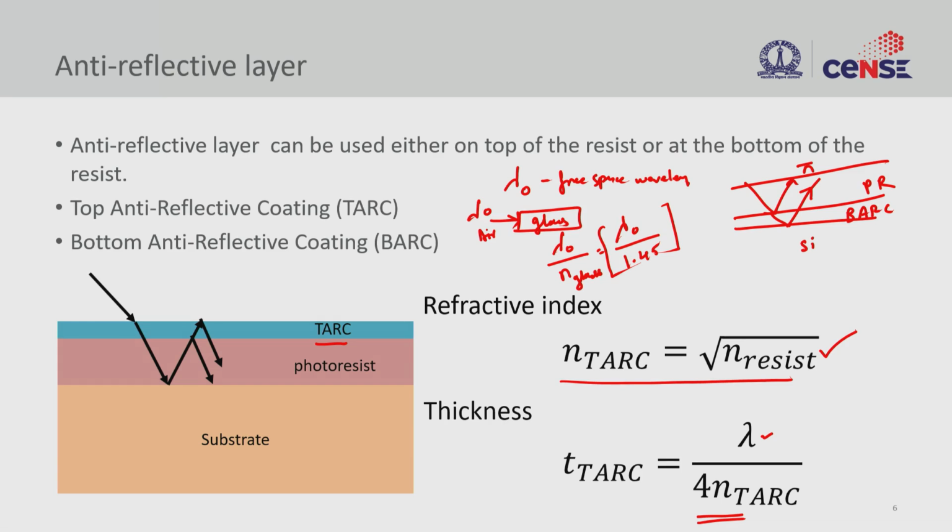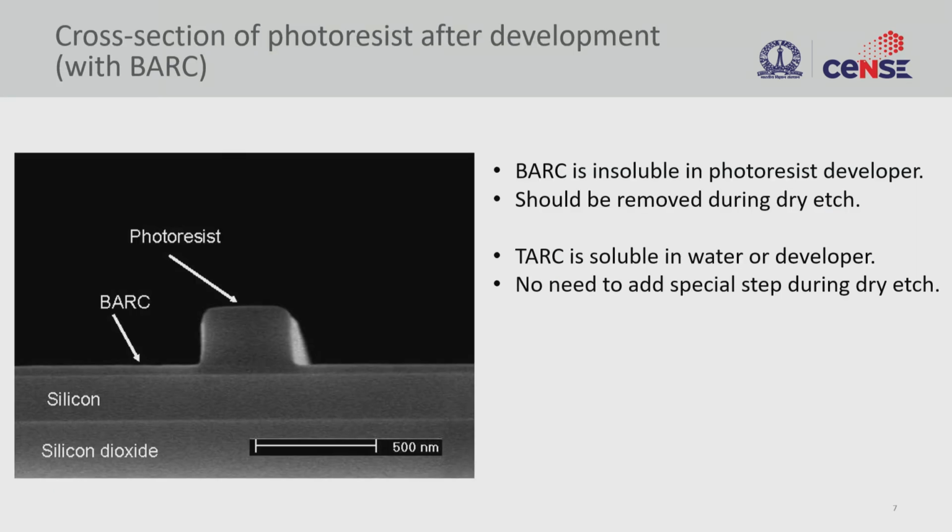So, if you can choose the right kind of refractive index and the right thickness, we should be able to arrest any reflection. So, this will act as an anti-reflective coating either on top or on the bottom. So, if we do the coating, right, and then we go through the illumination process, and then we can do the development, and this is what you will get.